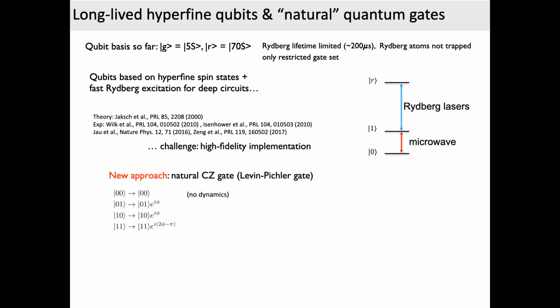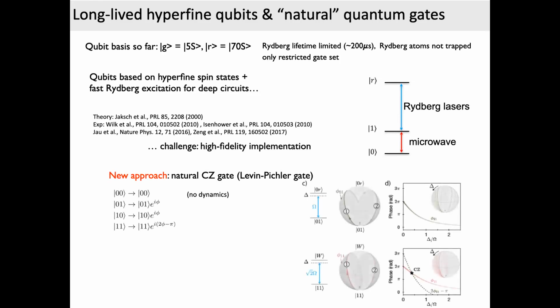the Pizzagate protocol, where Harry and Hannes invented a very elegant protocol which allowed you to imprint a conditional phase pi by just exciting atoms into a Rydberg state with 2 short laser pulses.